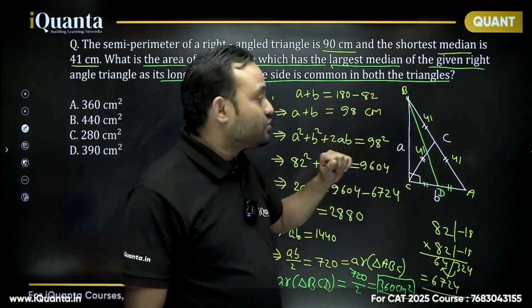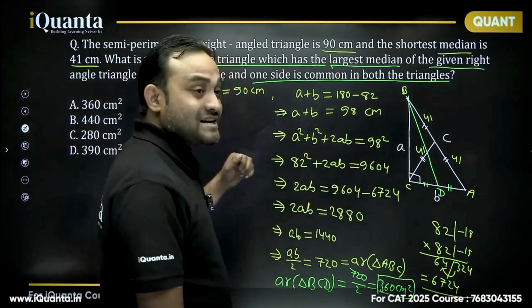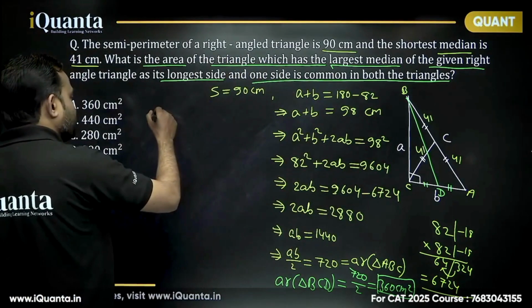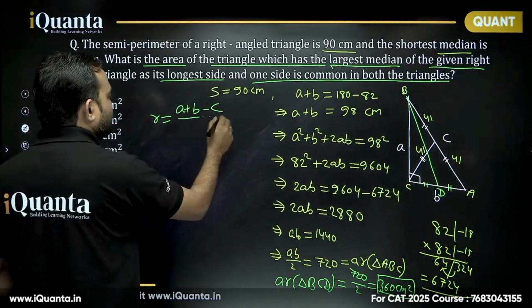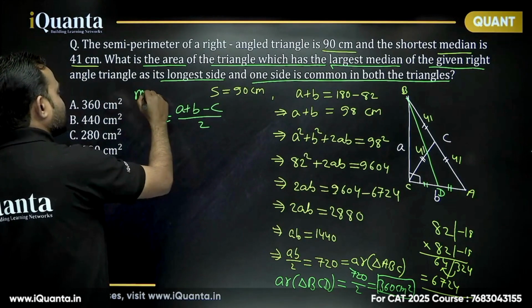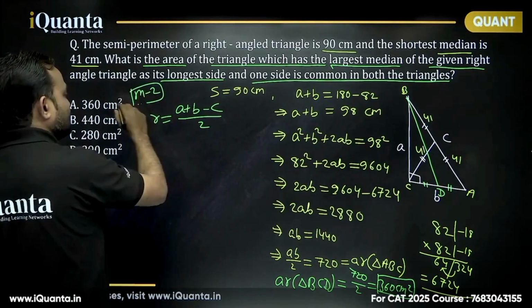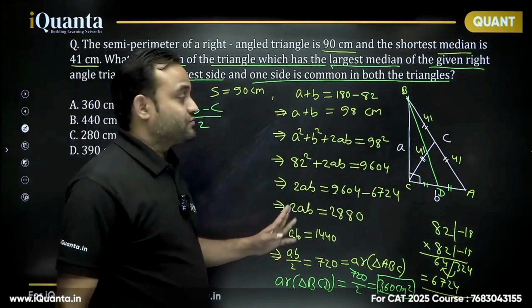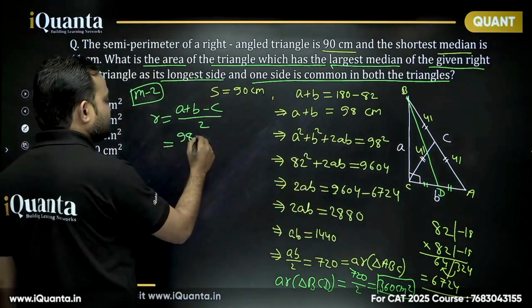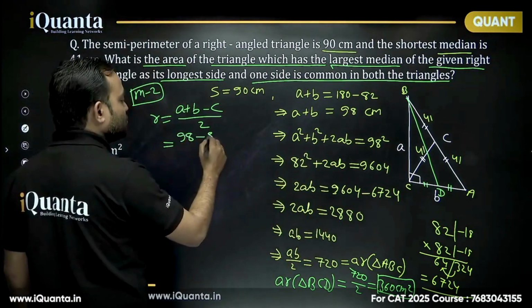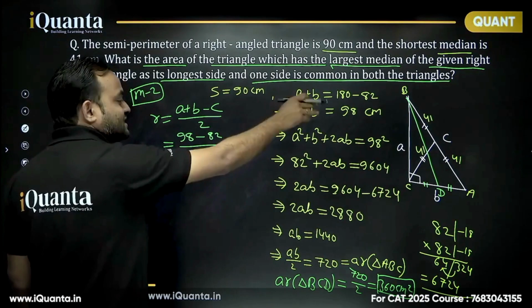But we know that inradius is nothing but (a + b - c) upon 2. This is method 2. Second method. Now think about this. We know a + b is 98 and c is 82. Now we got these values initially only.